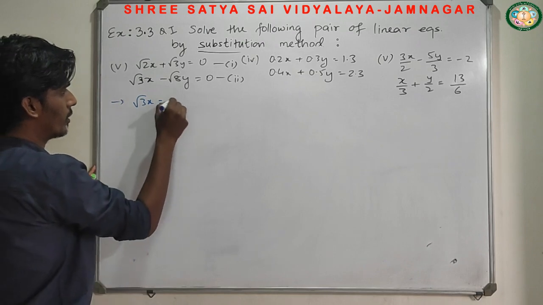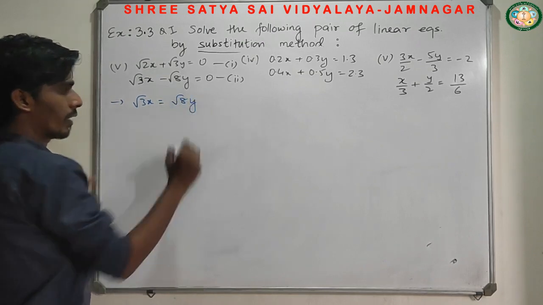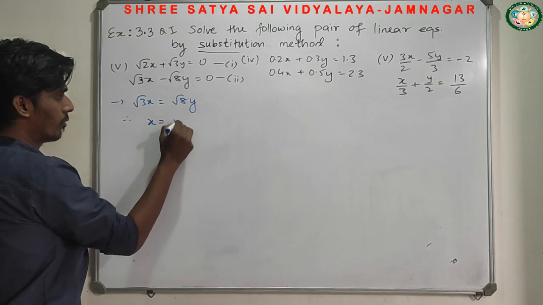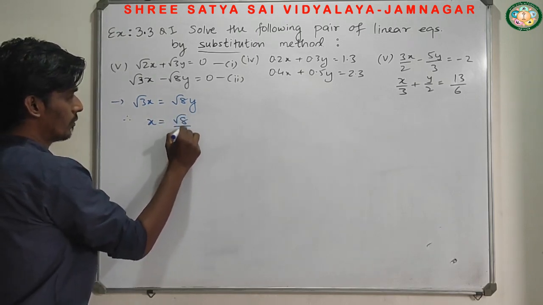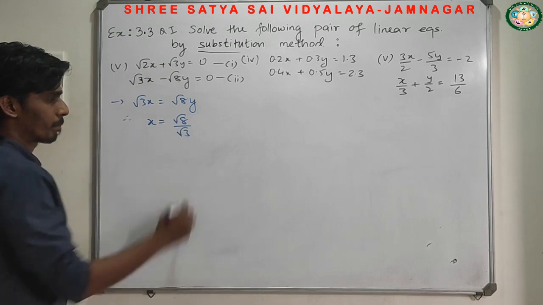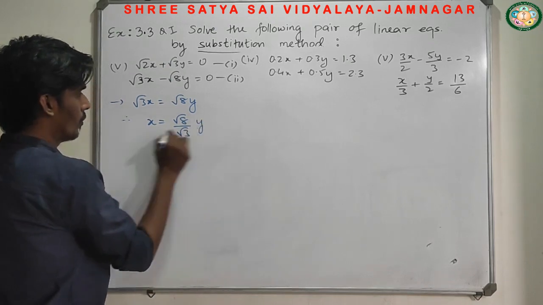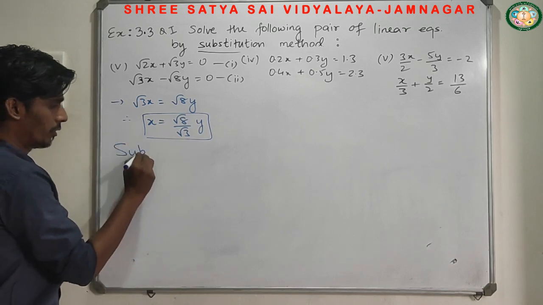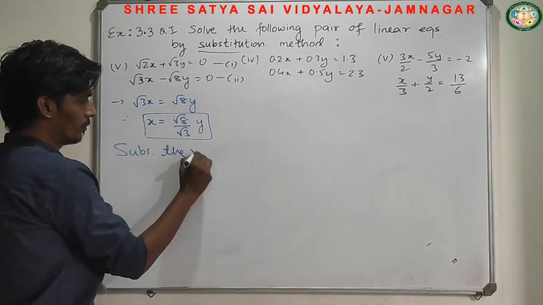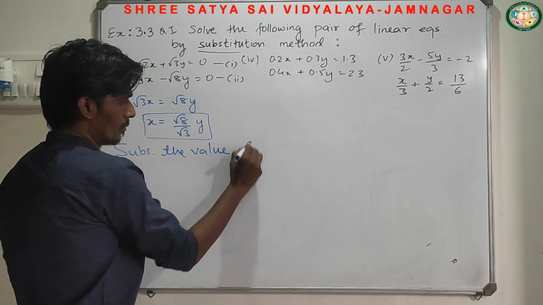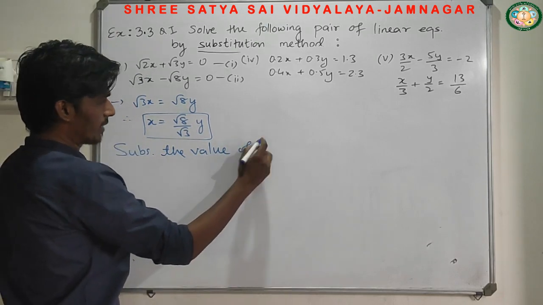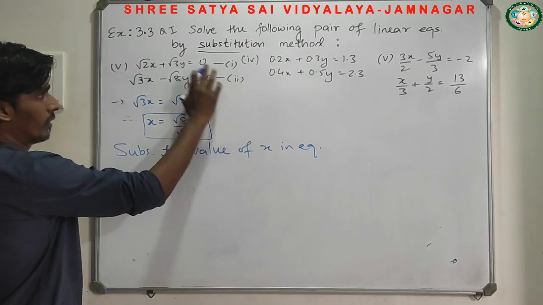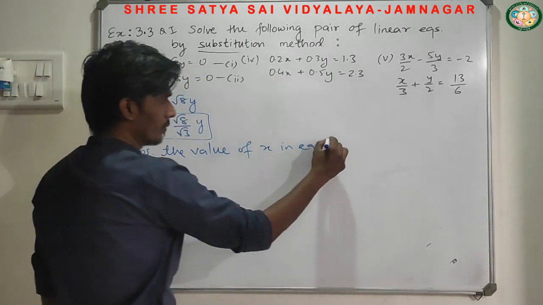Root 3x equals root 8y, the root 8y went to this side. Therefore x equals root 8 upon root 3 into y. Again the same method: substitute the value of x. In which equation? We used the second one, so I have to substitute in the first equation.